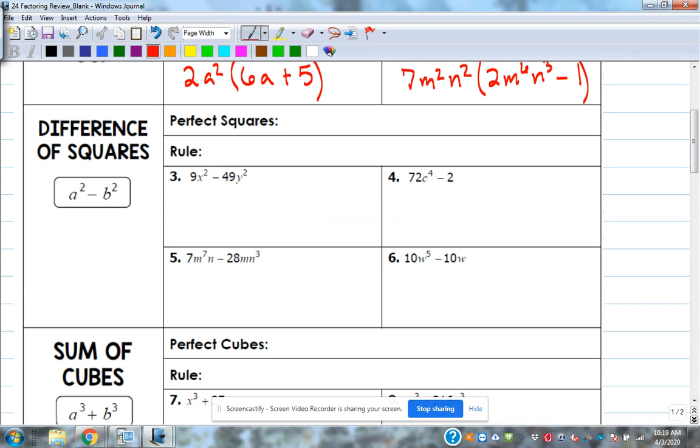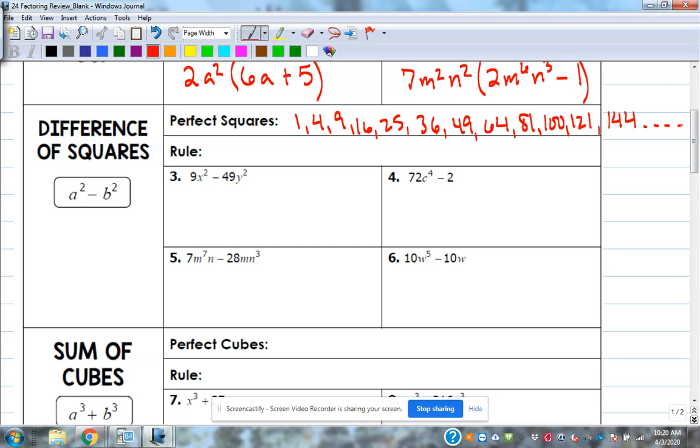All right, differences of squares are what we're going to talk about here. When we're looking for differences of squares, remember it's got to have 2 terms with a minus sign in the middle and square things in there. The perfect squares are like 1, 4, 9, 16, 25, 36, 49, 64, 81, 100, 121, 144, and they keep going forever.